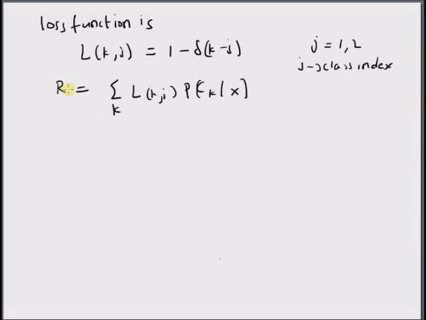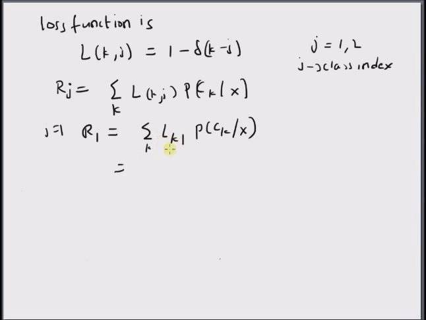This risk function actually has an index j. So for j equal to 1, R1 is equal to the summation of L(k,1) multiplied by P(Ck | x), where x is the sample and Ck is the class label.